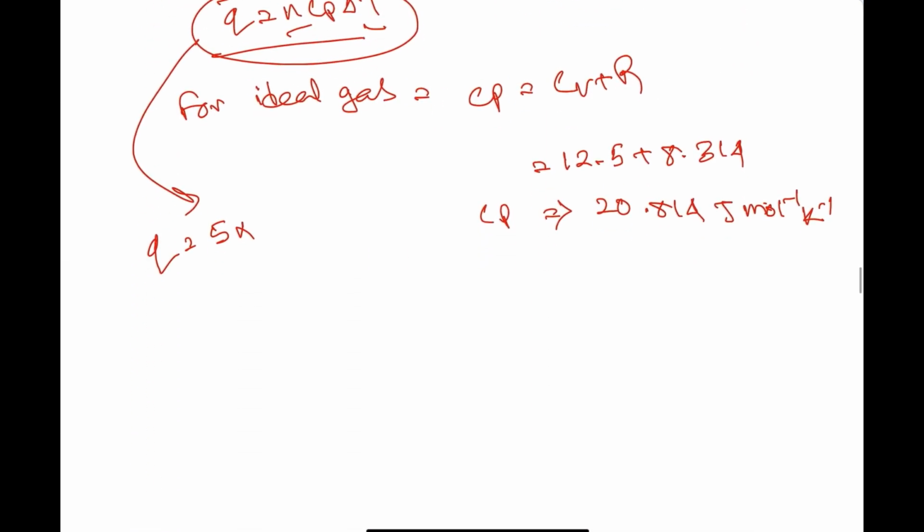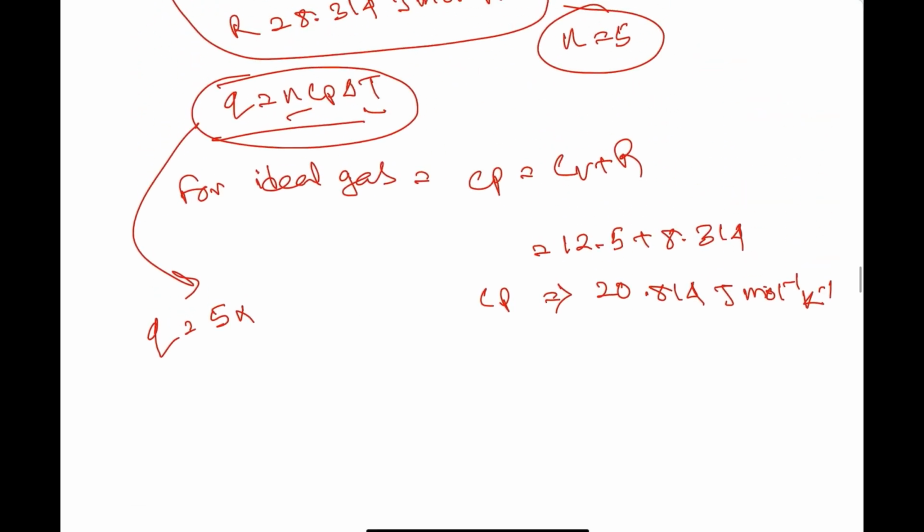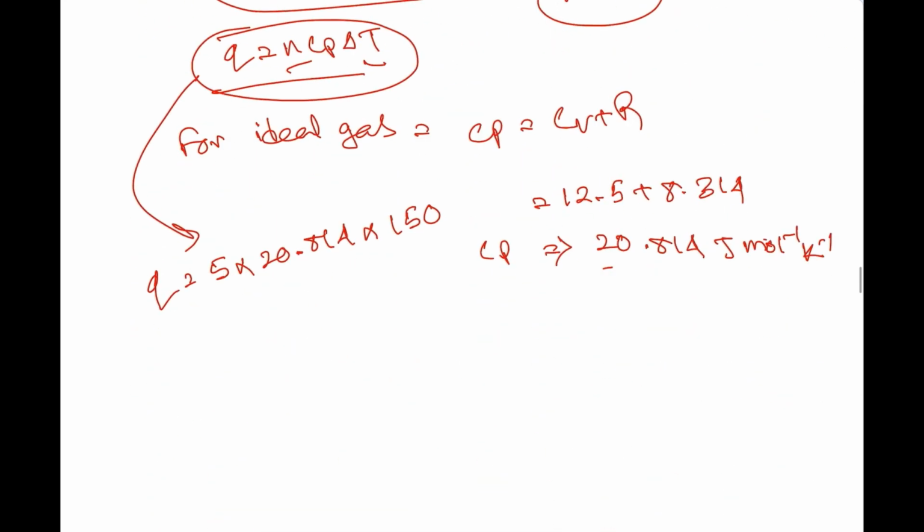So n is equal to 5, Cp is 20.814, and the temperature change is 150.